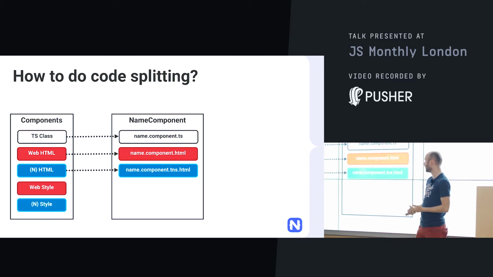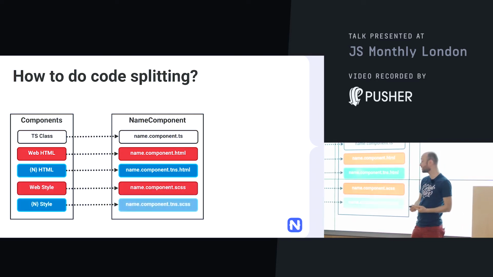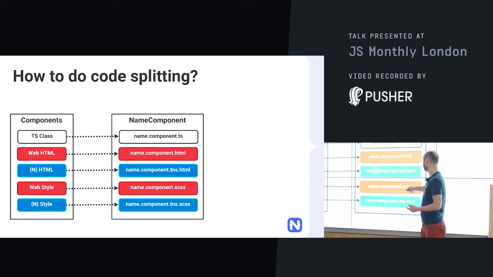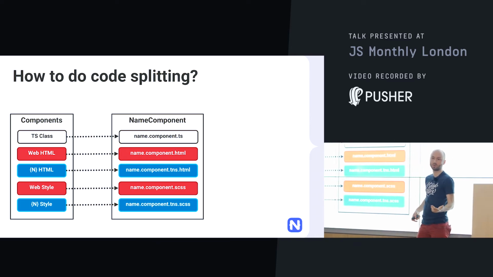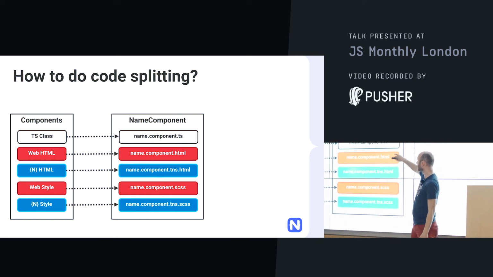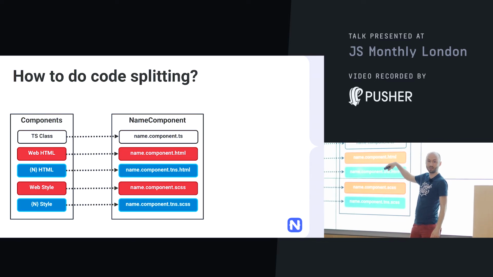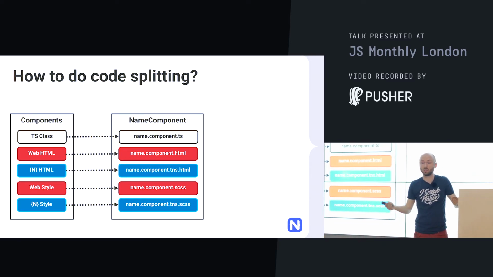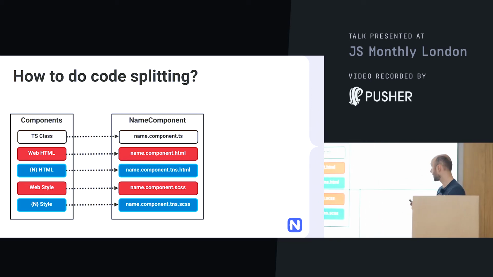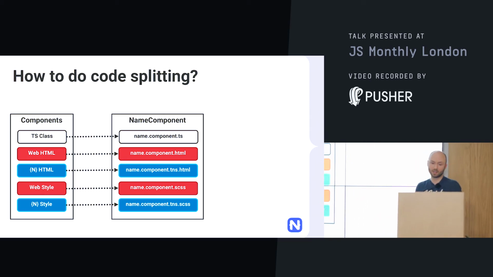If you want to add styling and have two different CSS files, then you have, let's say, a SASS file for web and then .tns.sass for the mobile. And to be honest, if you added an additional file which would be called name.component.tns.ts there, then you could even split these two into separate. There might be a case where you might need that. But that's kind of like the idea.